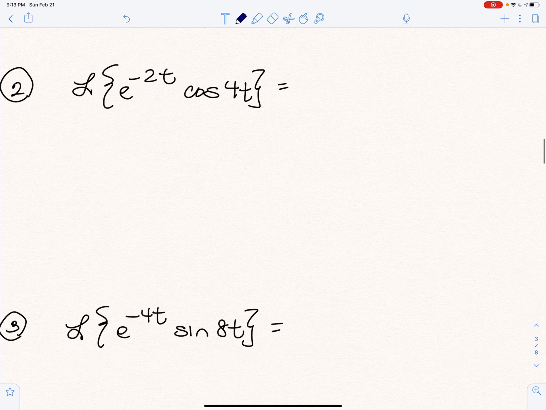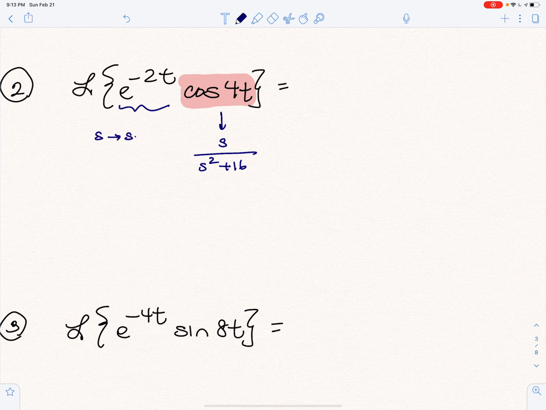Let's look at another one. The Laplace transform of e to the negative 2t cosine of 4t. Again, since there's an exponential multiplied by our function, I'm going to focus on the cosine first. The transform of cosine of 4t is s over s squared plus 16. This is telling me that s gets replaced with s plus 2, that is, s minus negative 2.